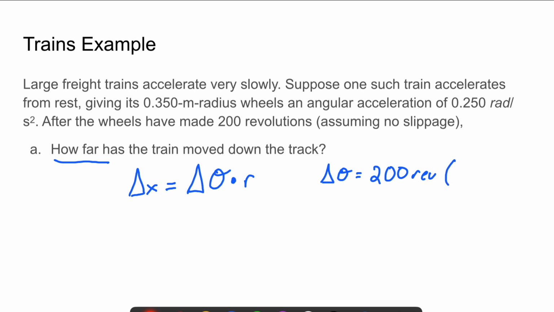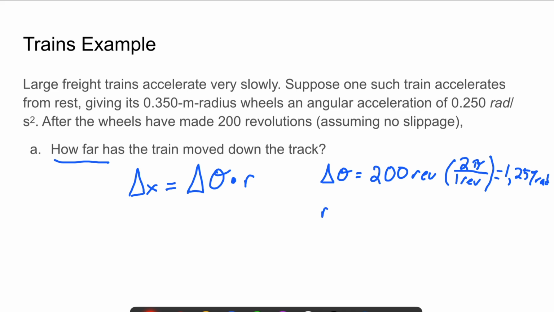And remember that every one revolution is equal to 2 pi radians. So if we convert that to radians, that gives us 1,257 radians. And again, radians aren't really a unit, but I will write them begrudgingly, even though they're not a unit.